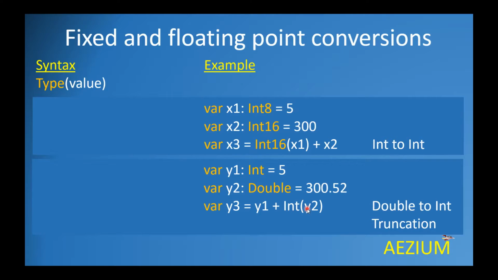In this case, we are converting y2, which is a double, to an integer. So the outcome of this conversion would be an integer, which can be added to y1, which is also an integer. And again, by way of inference, Swift will determine that y3 is also of type integer.